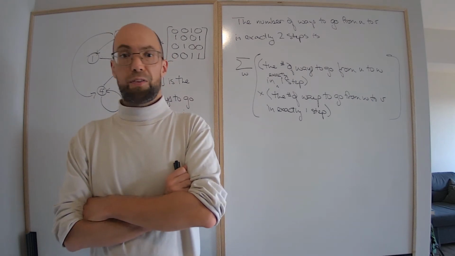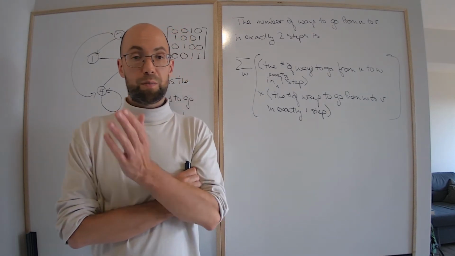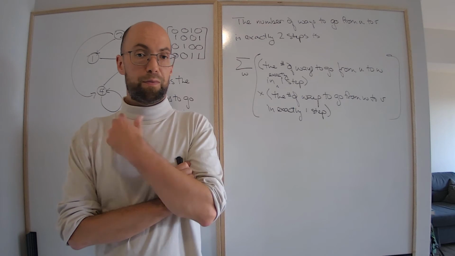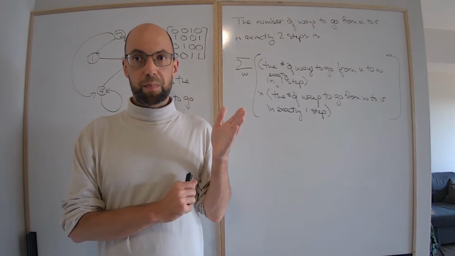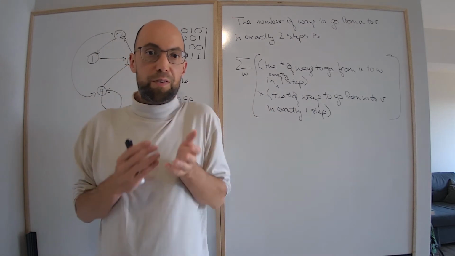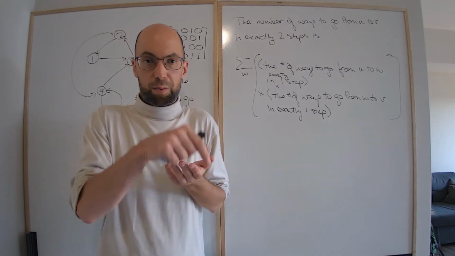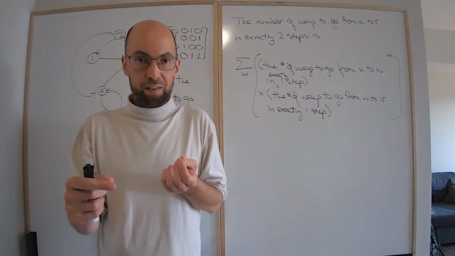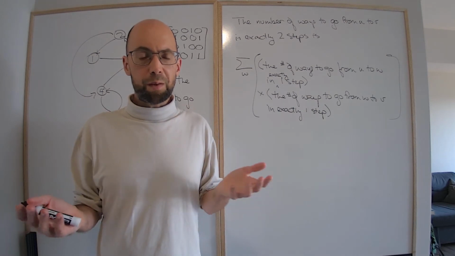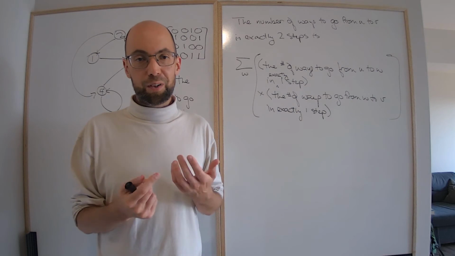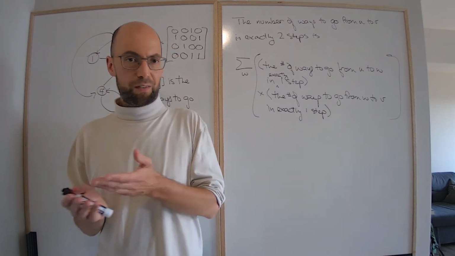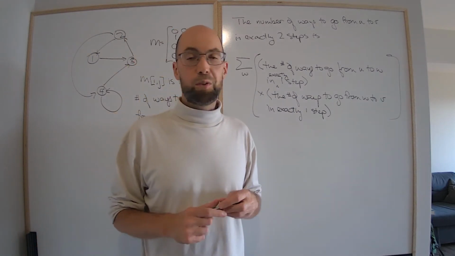And then there are 3 ways for me to get from W to V. Then there are 15 ways for me to go to W in 1 step and then to V in 1 step. Because for every option you have to go from U to W, then you can choose any of the 3 ways to go from W to V, okay?